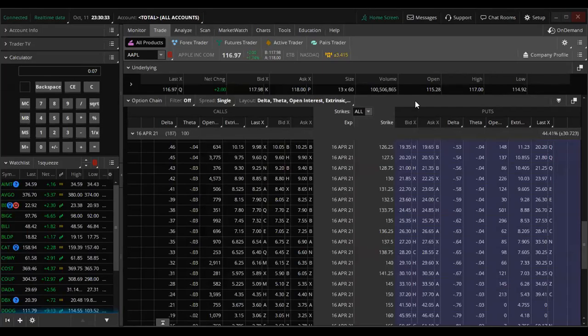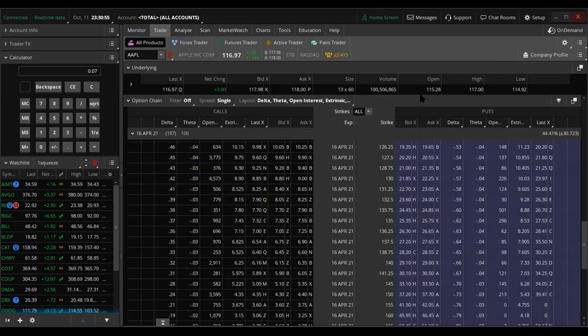Now, one question would be, why would I want to buy the stock at $135 in April when the stock is $116 a share now? Why wouldn't I just buy the stock at the price that it's at right now?